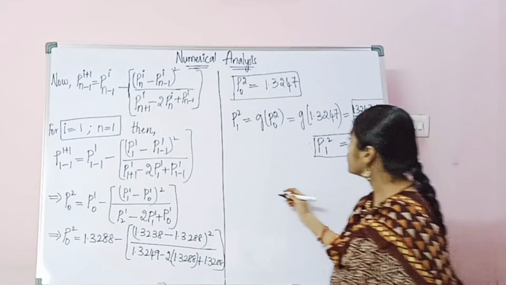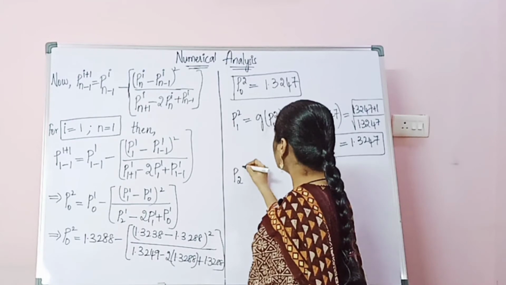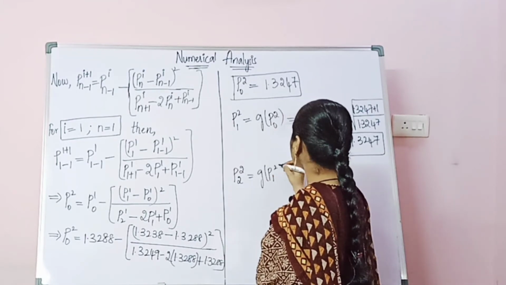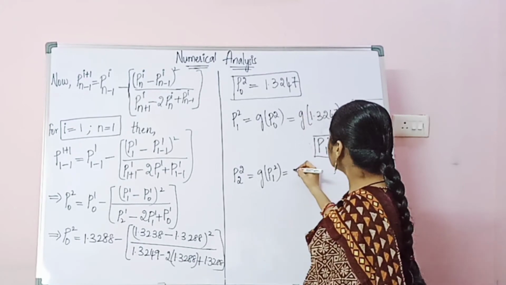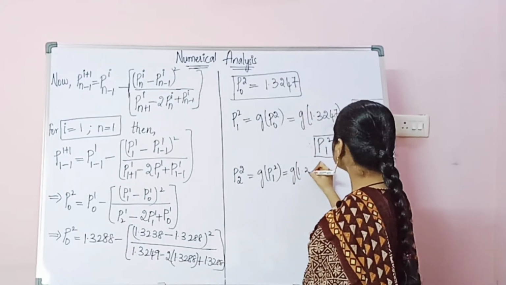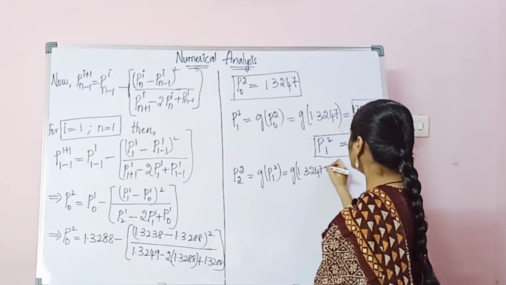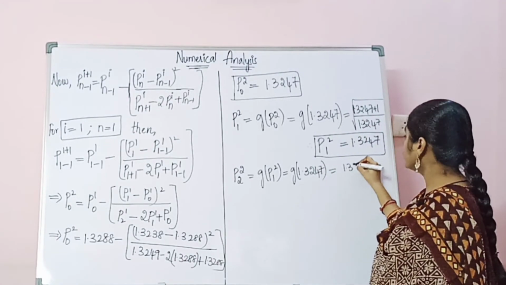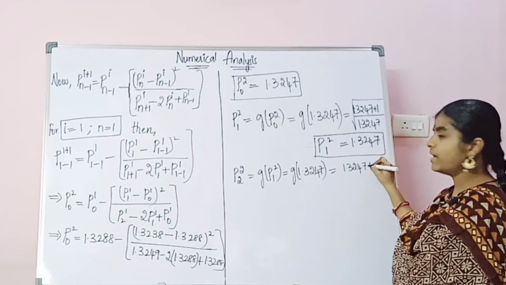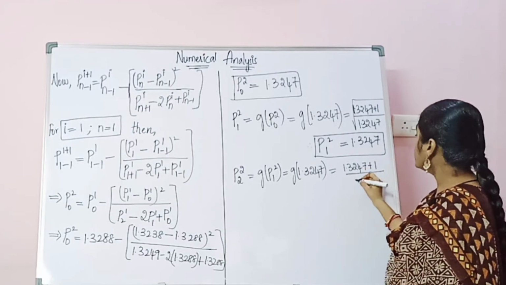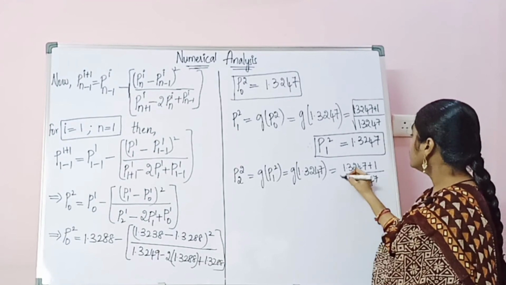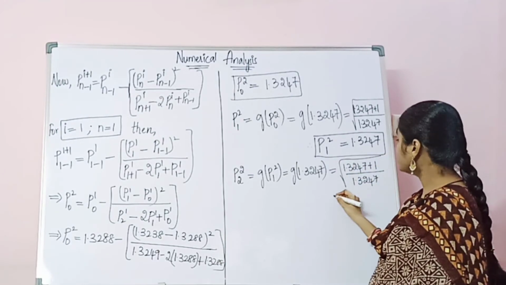Now next, P2 square. P2 square equals G of P1 square, which is G of 1.3247. Again we substitute in G of x: 1.3247 plus 1 by root of 1.3247.